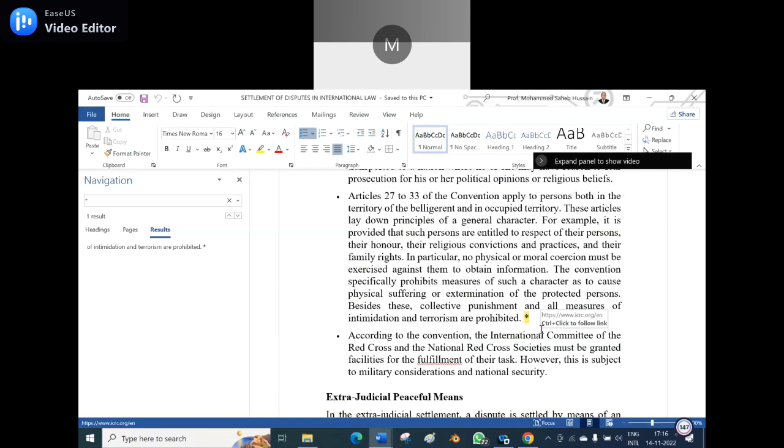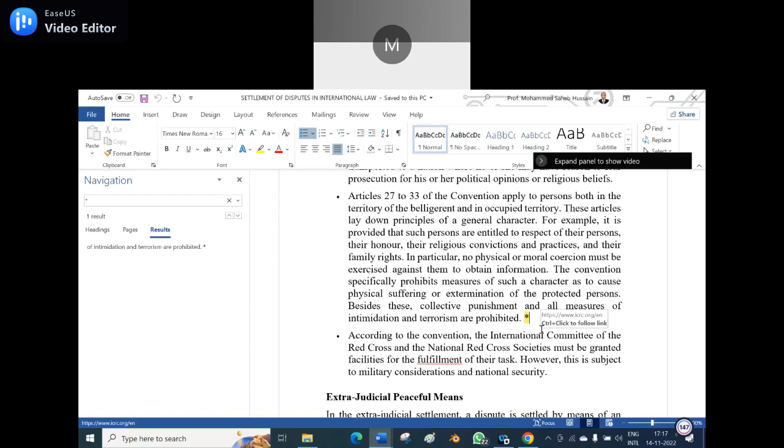For example, it is provided that such persons are entitled to respect of their persons, their honor, their religious convictions and practices, and their family rights. Everything should be given in particular.